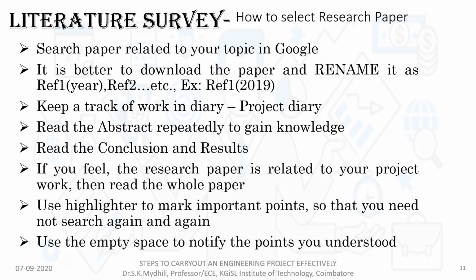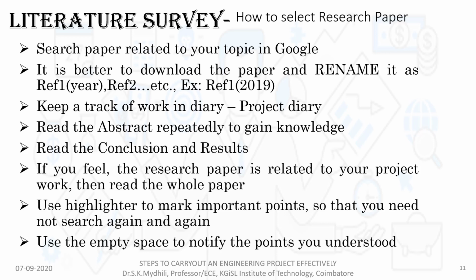Current research is very important, so the base paper you choose should be at least 6 months back from the current month in which you select your project title. Keep track of your work in a diary, called a project diary, which will be asked for by your college or whoever is guiding you.